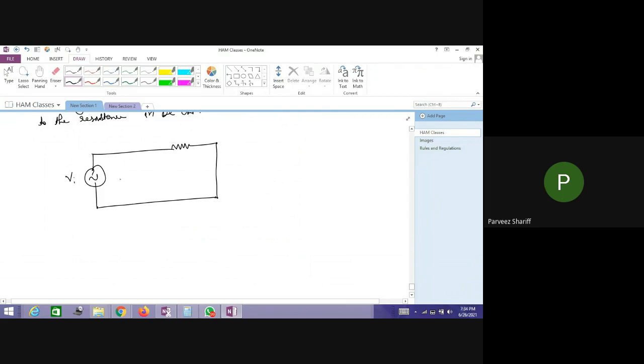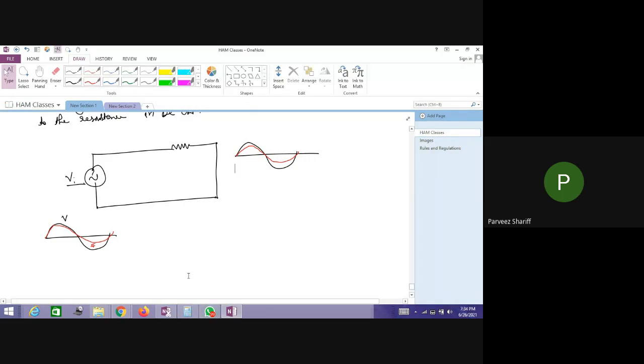A voltage source has a voltage, and along with that it has a current also. This red line you can call the current, and this black variation you can call the voltage. When it passes through the resistor, there is no phase shift at all. The current and voltage remain in phase. There is no change in the phase.